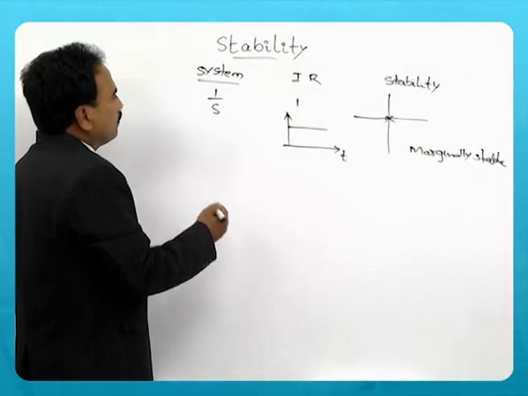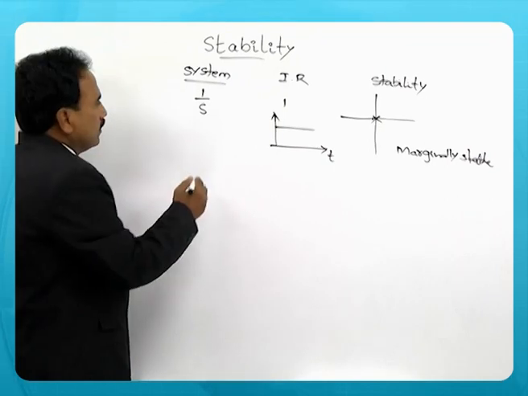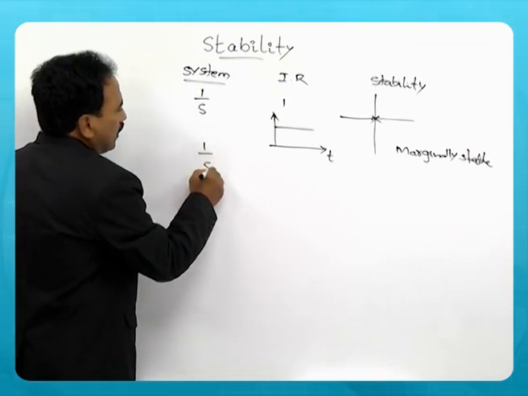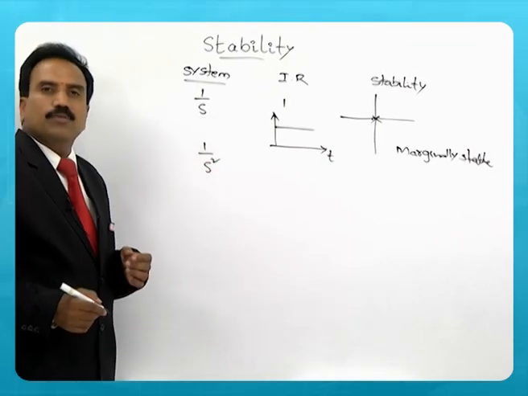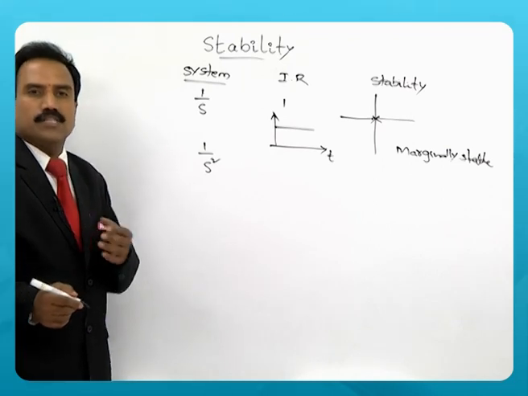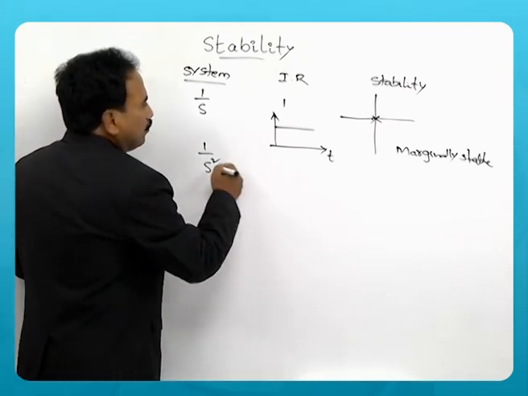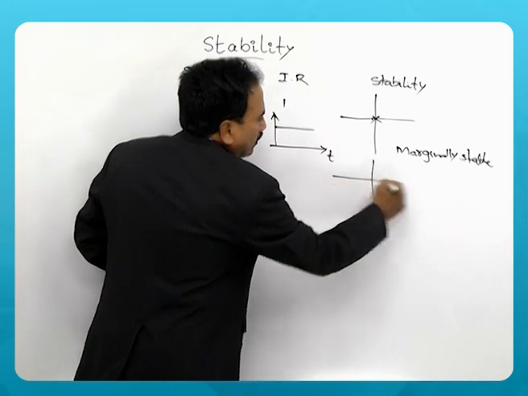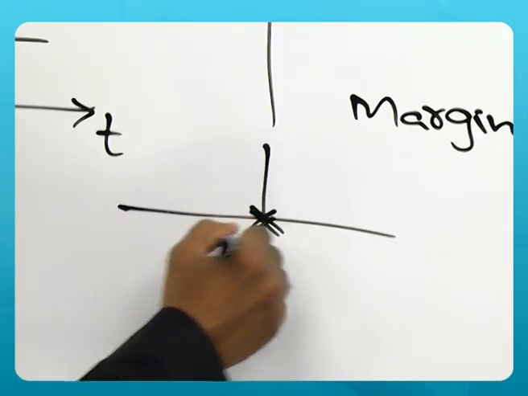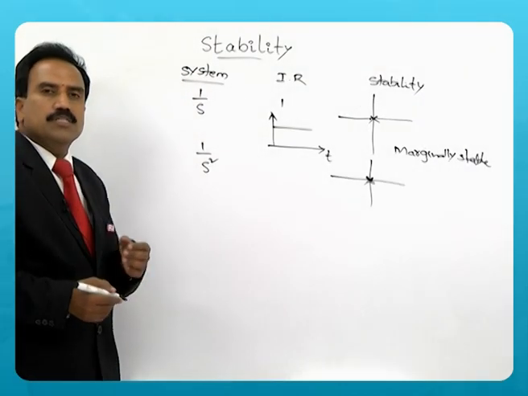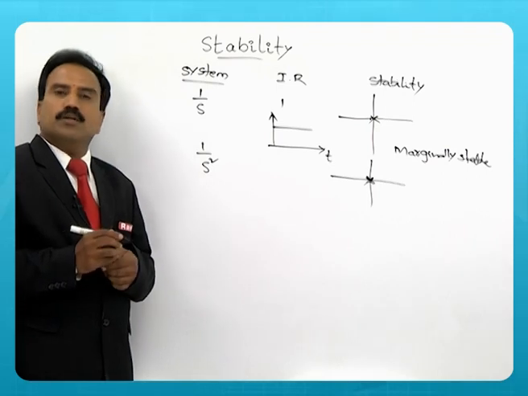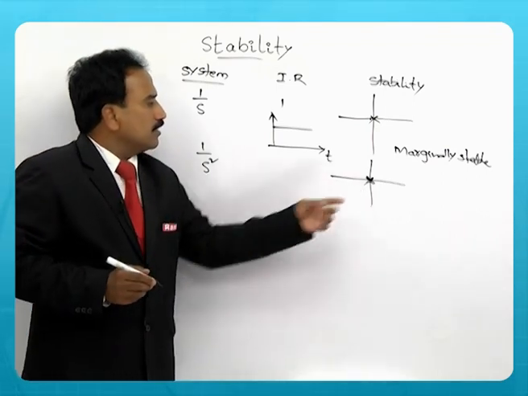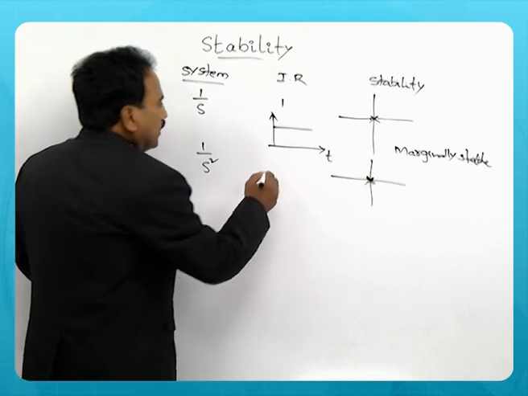Now, let us take the function as 1 by s square, which means there are two poles at the origin, that is, repeated poles. Repeated roots at the origin indicate what?